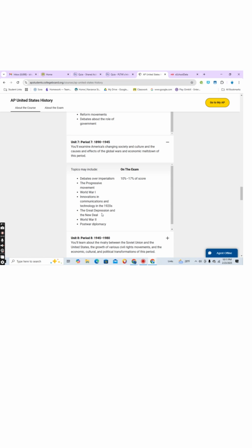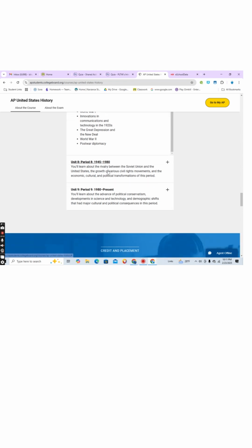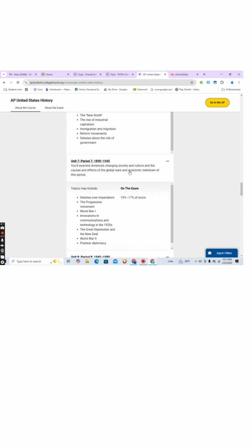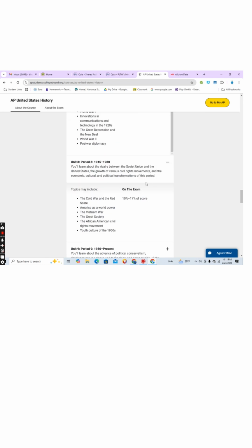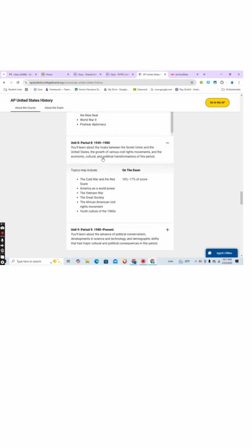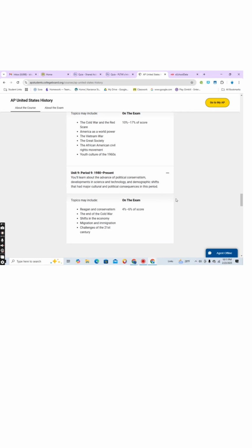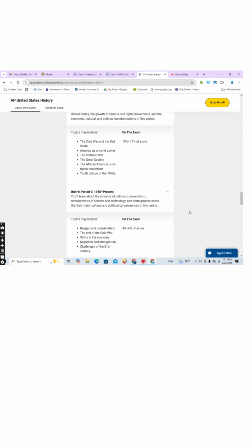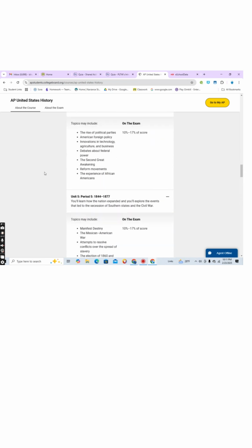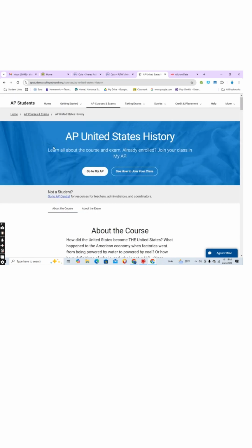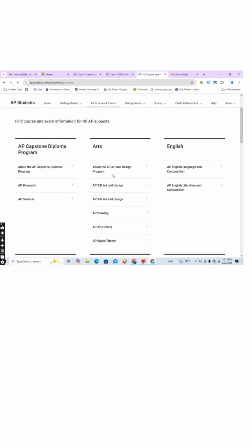This one, Great Depression, World War One, World War Two. Basically, imperialism, progressive movement. Women's rights is also in this time period. This one is the Cold War, the nuclear powers, civil rights, Vietnam War. 1980s, it basically talks about Reagan, the end of the Cold War, more immigration, and also the 21st century, modern period.